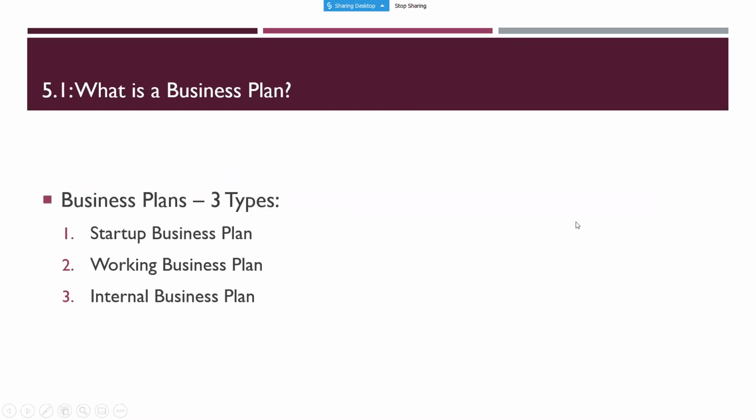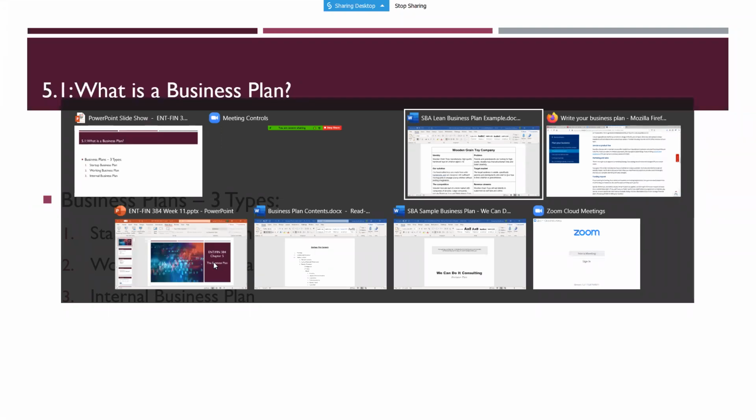So three types of business plans. The one we're going to be talking about is really point 2, which is the working business plan. You can have a smaller version of a business plan to get started. That's your startup plan. There's one of those presented on the SBA site as well.